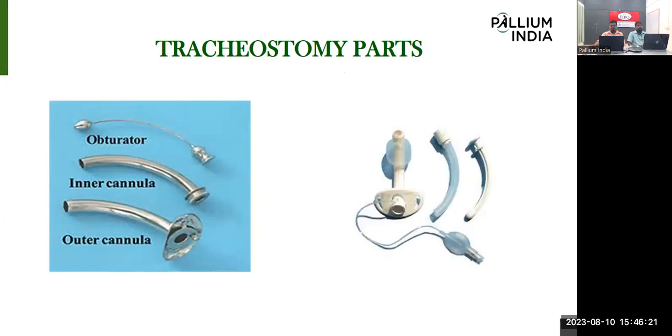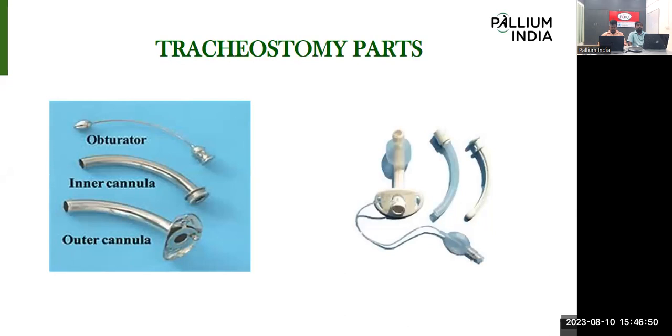So here the inner cannula has more length than the outer cannula. Why? Because when the patient is on a tracheostomy, the outer cannula stays on the tracheostomy site with the support of a ribbon or a tie around the neck. In between, we remove and clean only the inner cannula and replace it on the outer cannula.